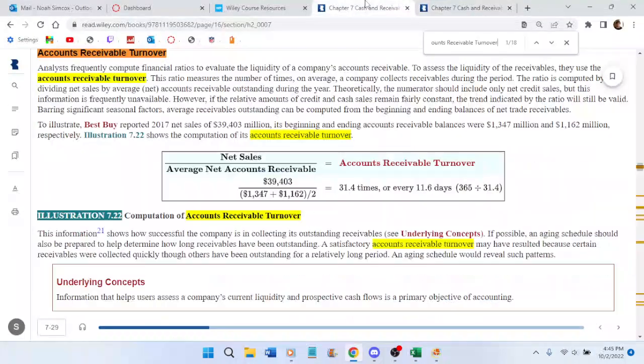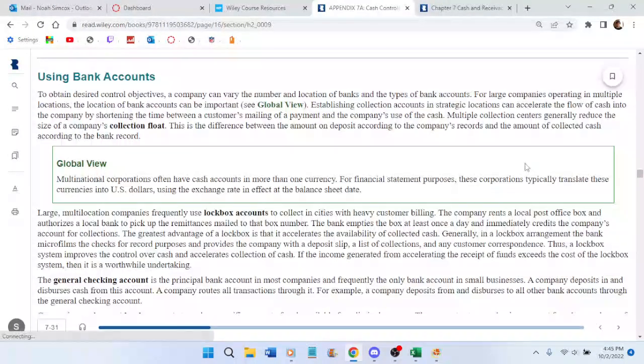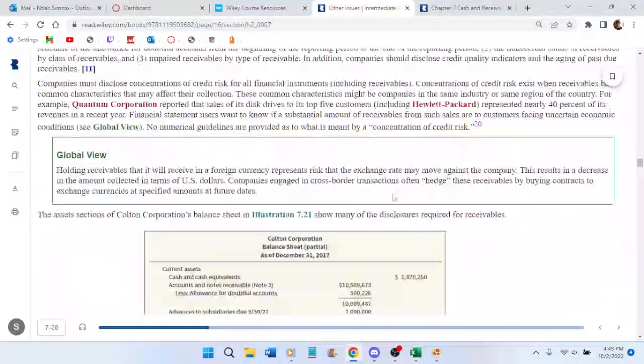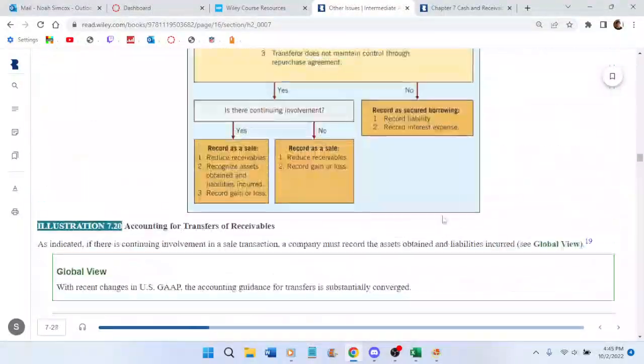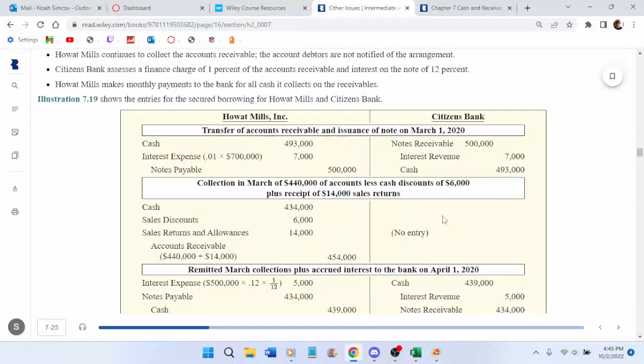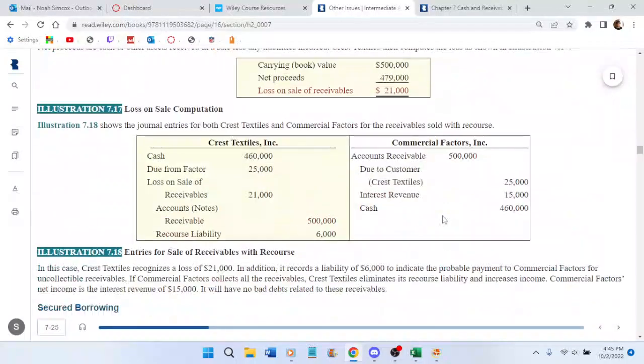I need to take a screenshot of something. I don't care about this part because we haven't even done that in a homework question, so we're just going to take a picture of this part.